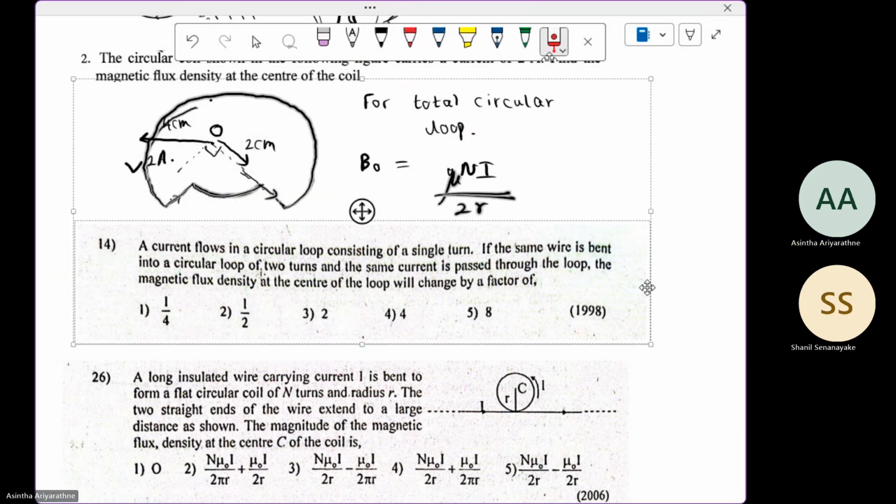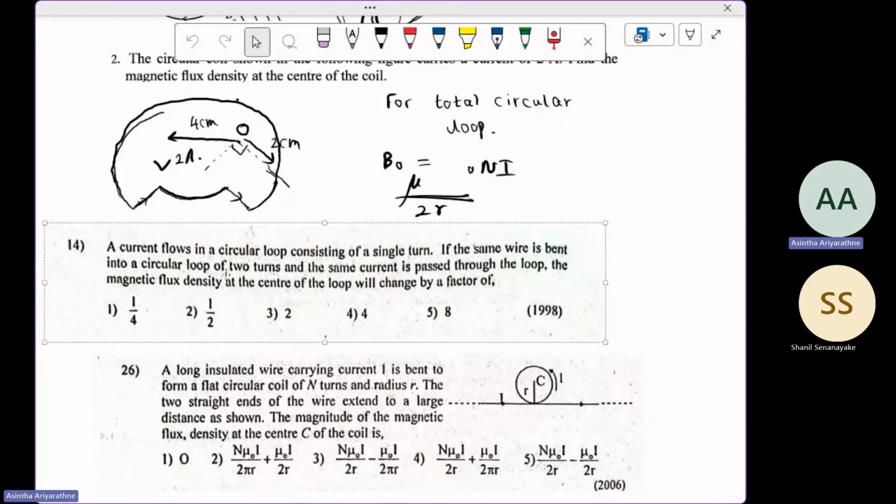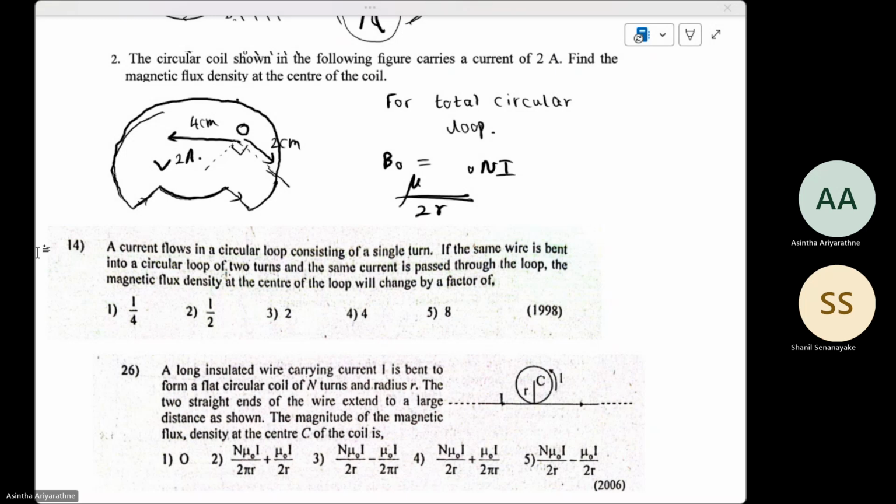The 14th question says, a current flows in a circular loop consisting of a single turn.